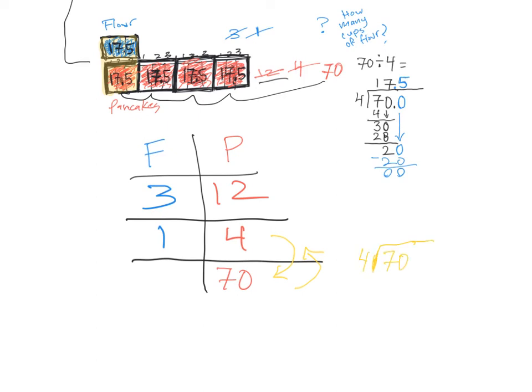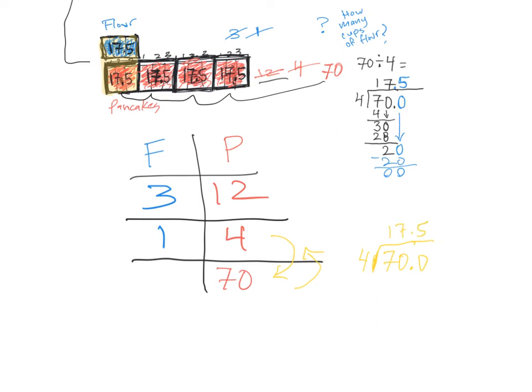And we figured out through our long division. If you are stuck on long division ever, rewatch this video because this is a great little example of how to do long division. And this isn't very long. This is not the longest of long division for sure. So 4 into 70 is going to equal 17.5.